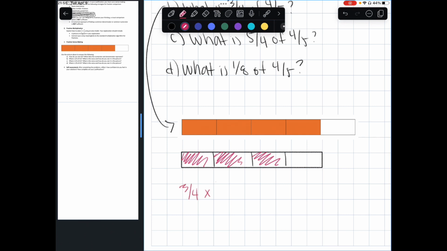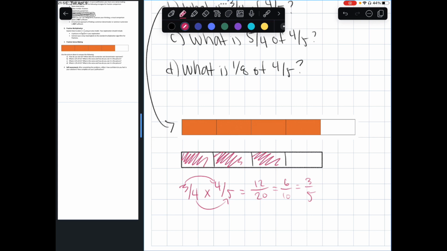3/4 times 4/5. 3 times 4 is 12, and 4 times 5 is 20. And we reduce that by dividing by 2. So 6 and 10, divide by 2 again, and we get 3/5. 3/5, right?